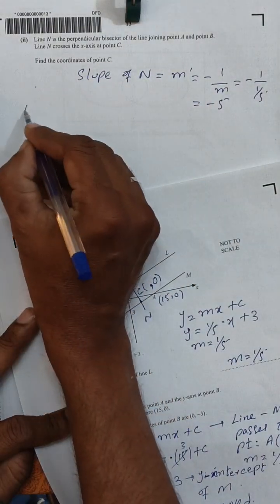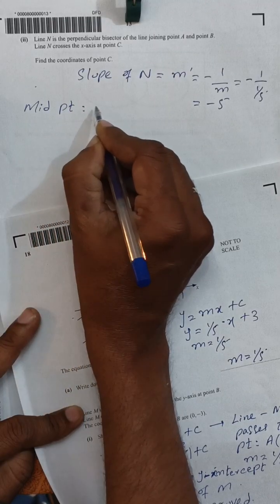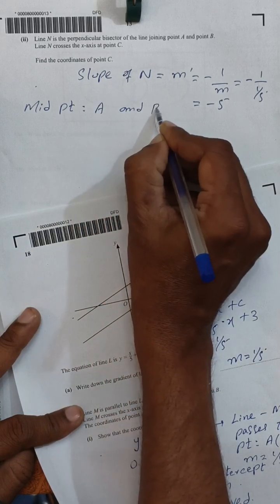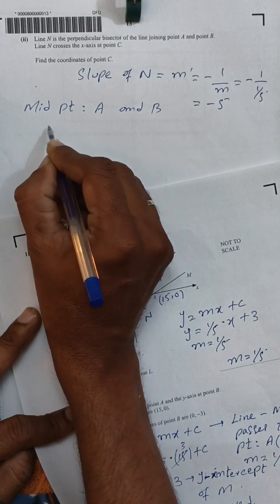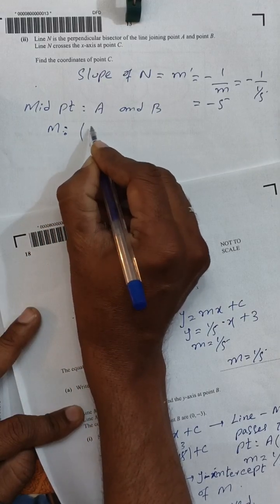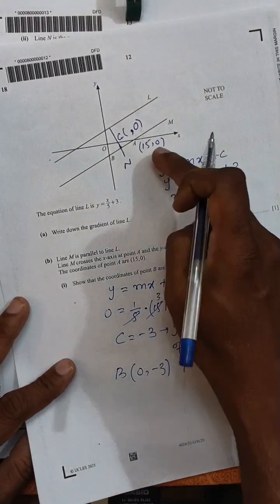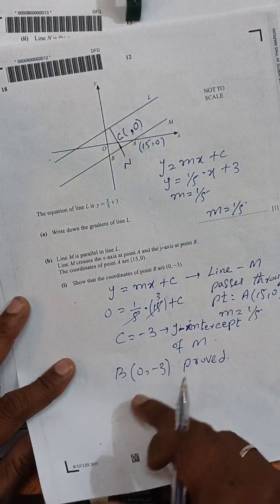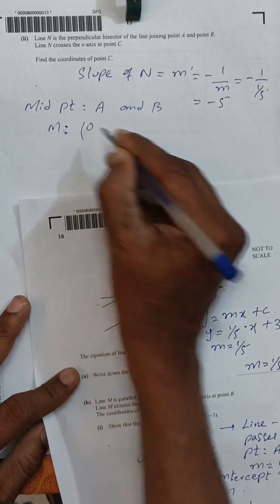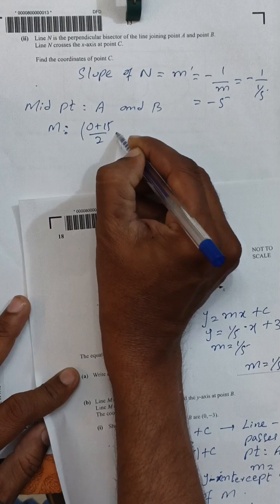Similarly, the midpoint of A and B. B you already have. A is this one, B is this one. So sum of x coordinates, 0 plus 15 divided by 2.